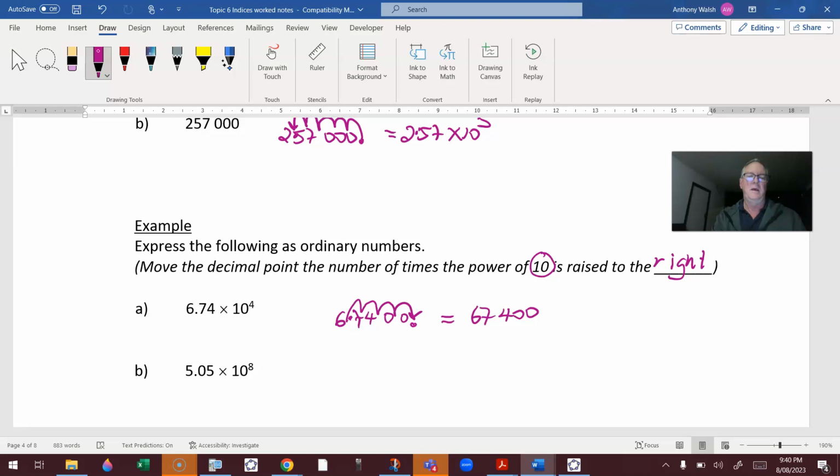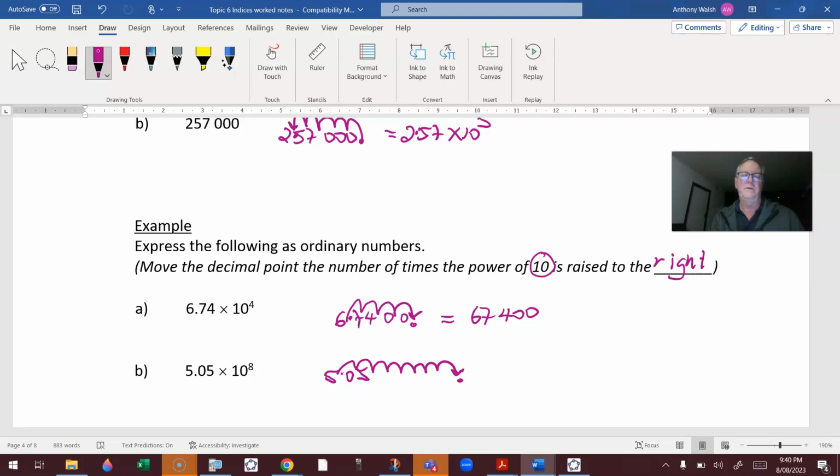Next one, 5.05. Okay, and it's by 10 to the 8. So how many places do I move the decimal point? 8 places. What direction do I move it? Always to the right to make a big number. So I'm going to go 1, 2, 3, 4, 5, 6, 7, 8. There's the new decimal point.